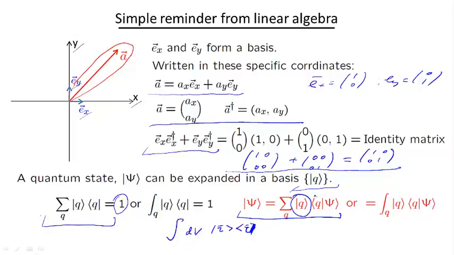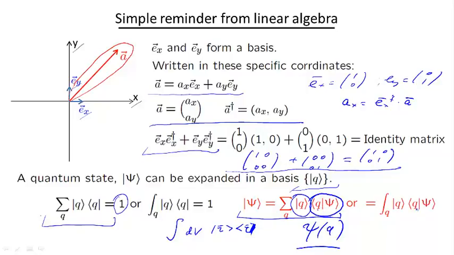And the matrix element between Q and psi is what we call the wave function in the Q representation. This is much like these coordinates. For instance, here, Ax can be written as Ex dagger times A, and here psi of Q can be written as a bracket product of Q and psi.